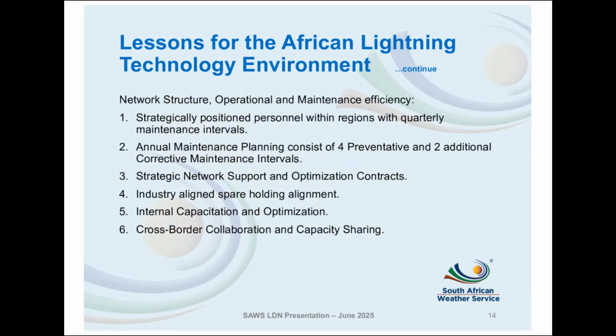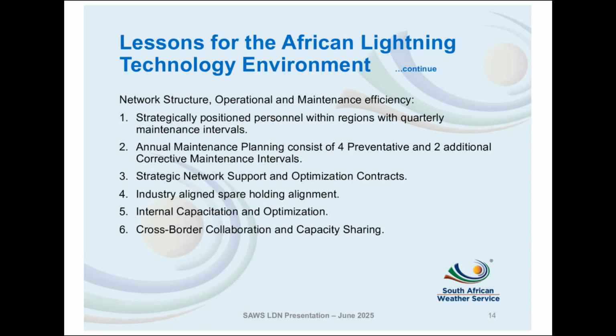That being stated, the network structure and operation and maintenance strategy that we implemented at this point in time, as indicated, we've got strategically positioned personnel around the country that performs quarterly maintenance. We also have annual maintenance planning processes, which involves at least 4 preventative maintenance activities, plus additional 2 corrective maintenance intervals.